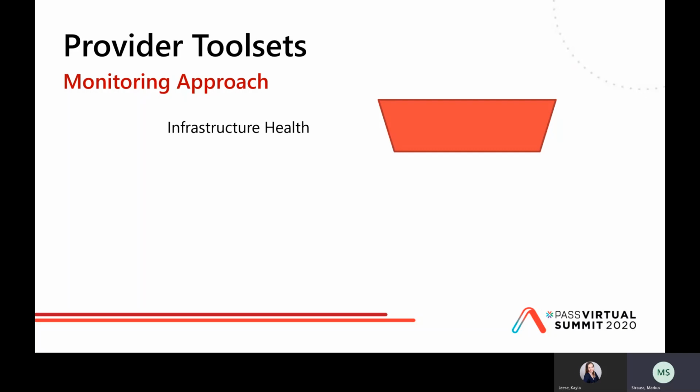That's where most of our effort sits when we monitor, meaning the majority of the metrics we collect are infrastructure-based metrics. That's your CPU utilization, your memory utilization. That's something we're used to and familiar with, and in a lot of monitoring approaches, that's where the lion's share of the data comes from.